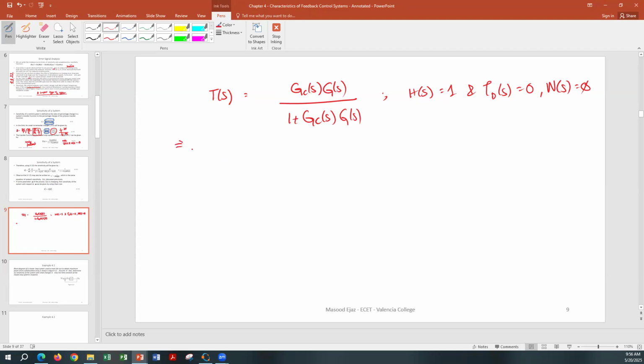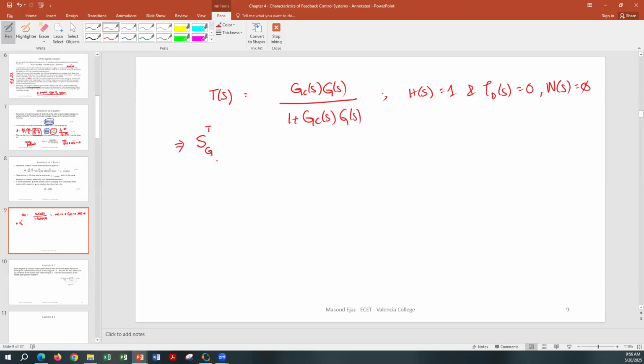Sensitivity is given by whatever item you are taking the sensitivity for, which is in this case the transfer function, with respect to the item, which is your process gain.